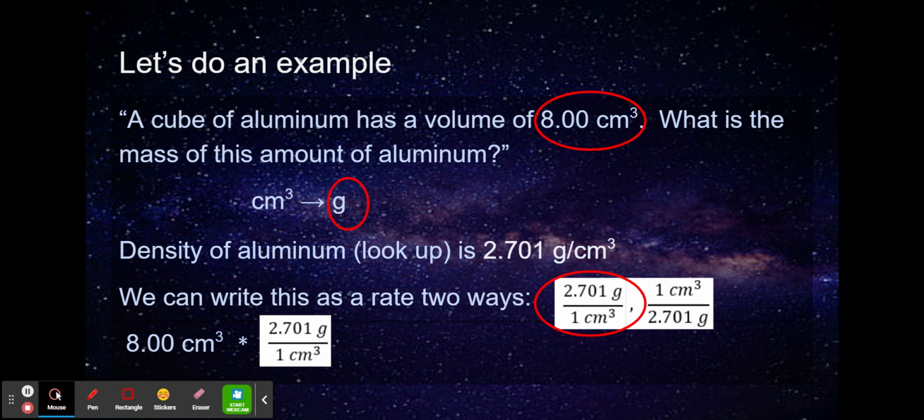Now we're going to go back to analyzing units. We see we have centimeters cubed in the numerator and denominator, so we're going to cross that out. The only unit that is left is grams in the numerator, so that's going to be the unit of our answer. And we evaluate the numeric portion, which means multiply all the numerators, divide all the denominators. We get 8.00 times 2.702, and that gives us 21.6 grams.